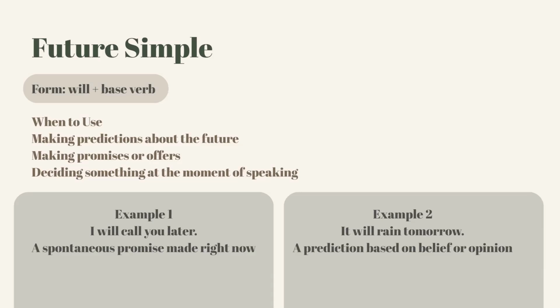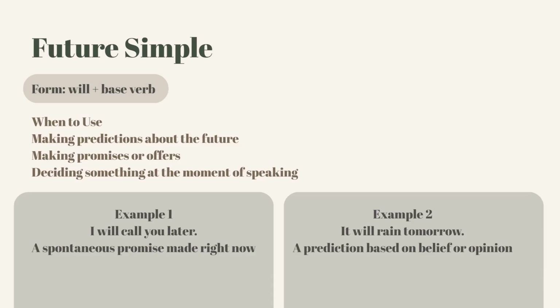So let's take a look at the structure of the future simple tense. So we can say that there's a subject plus will plus base verb. Okay, let's take a look at the examples that we have on our PowerPoint.